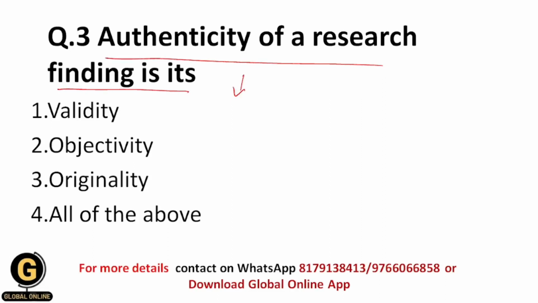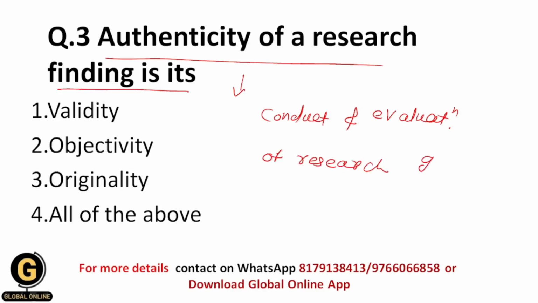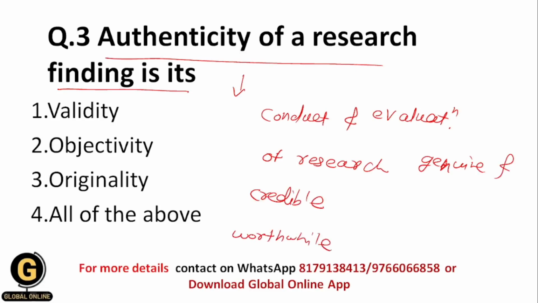It means that the conduct and evaluation of research are genuine and credible, and that the research is worthwhile and contributes to the field. This is the meaning of authenticity of a research finding.